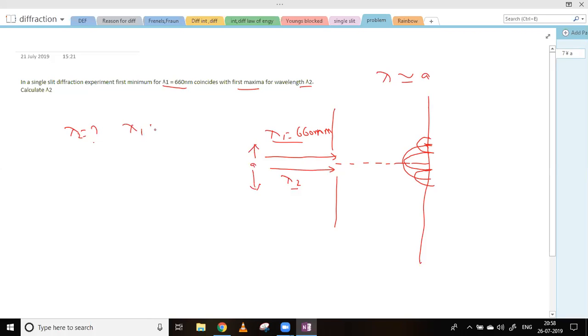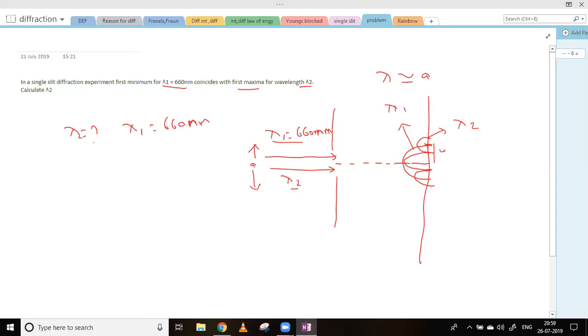Already the value of lambda 1 is given as 660 nanometers. Now once again, this is related to lambda 1. Similarly, this is related to lambda 2. For both cases this distance is the same.